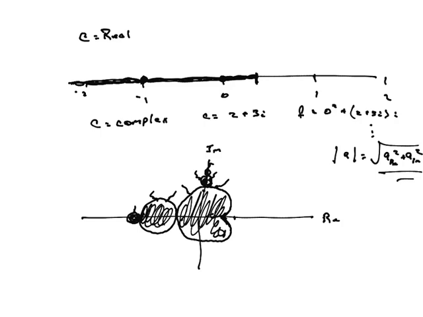And the colors that they choose to fill in are based on how quickly that number, because remember, each one of these pixels out here, these are all numbers. So this might be the number 3 plus 4i, for instance.